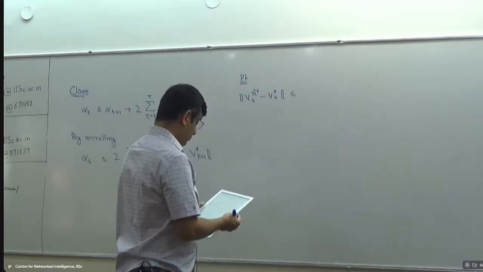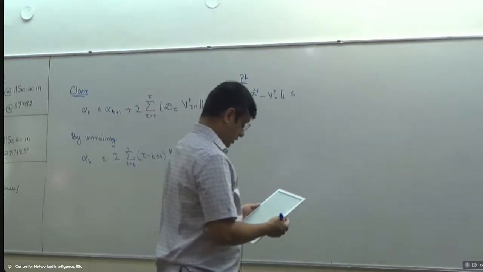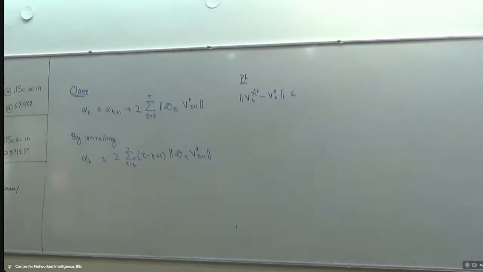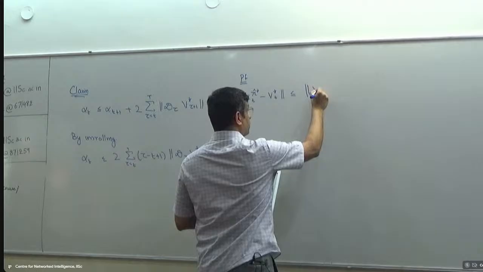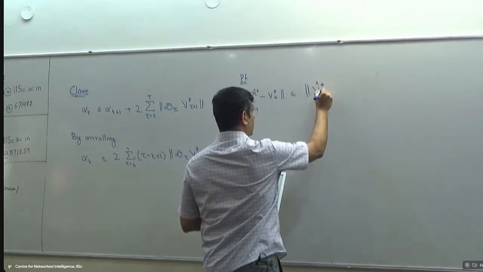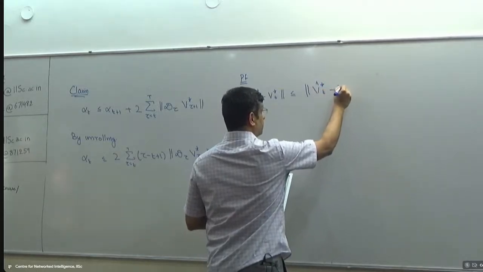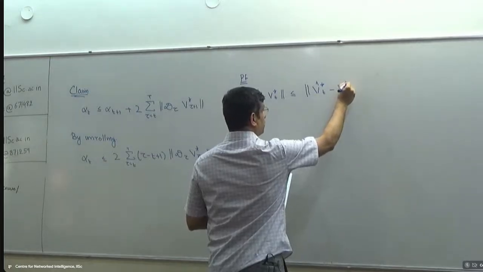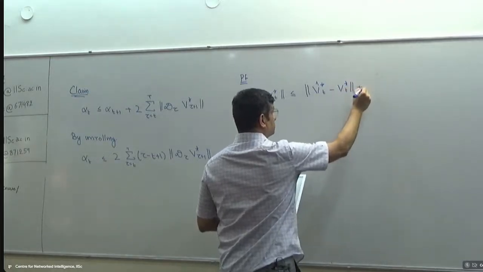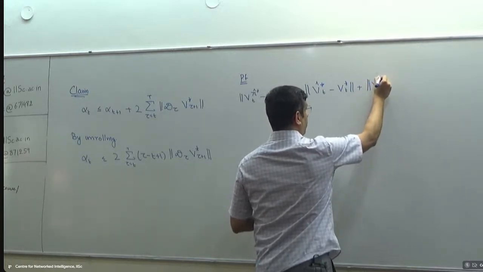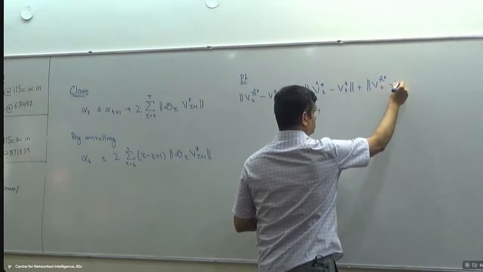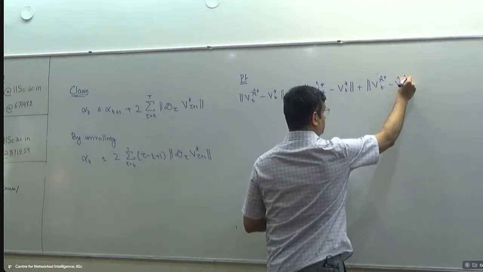So what I am going to do is what I did here. I am going to break this down using the triangle inequality. So I'll get the term V hat star t minus V star t, plus V pi hat star t minus V hat pi hat star t.